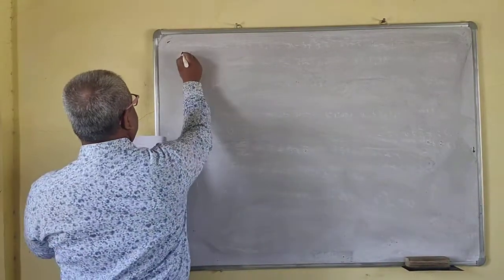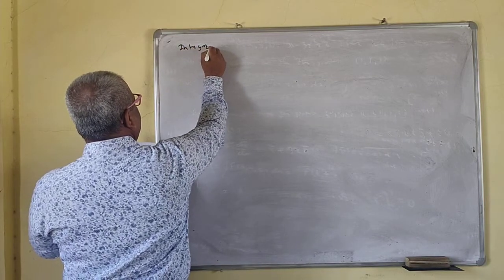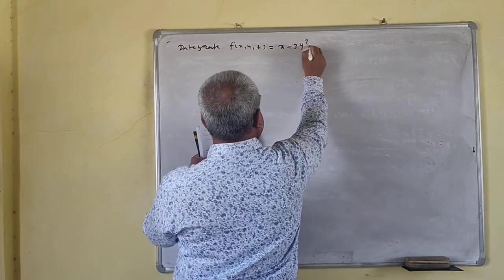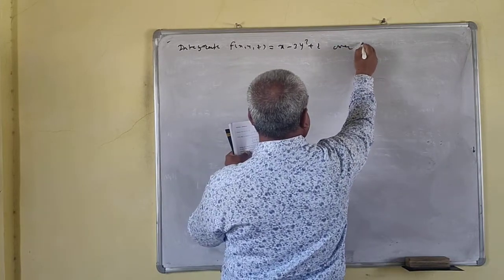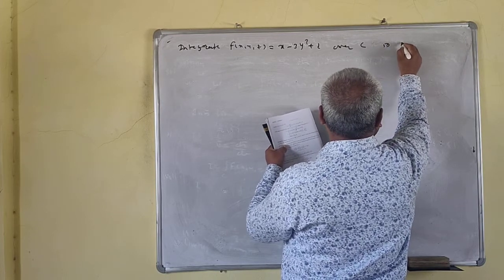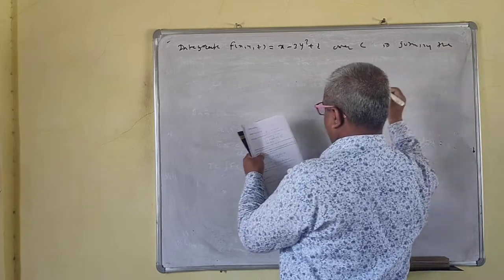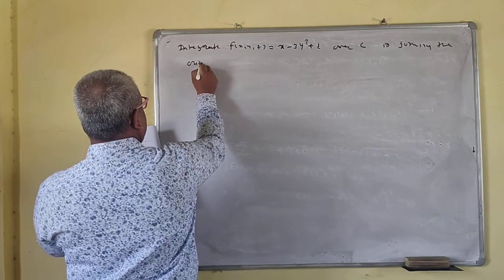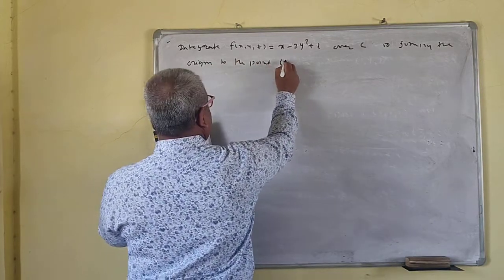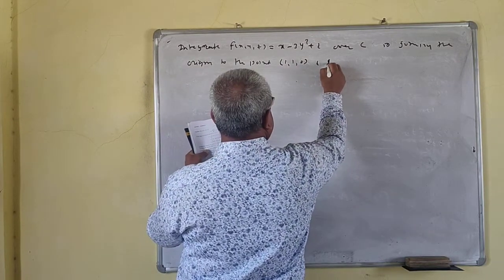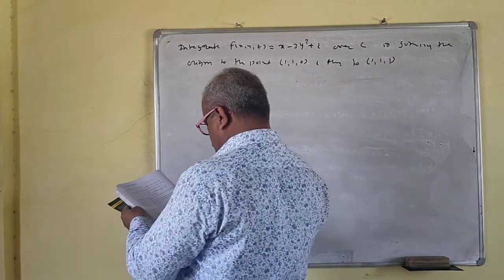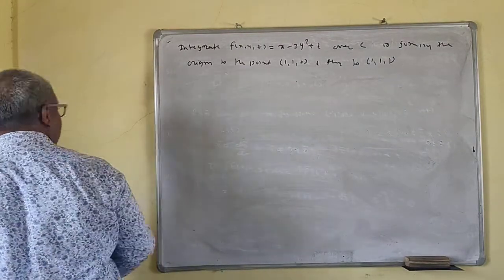Okay, integrate f of x, y, z is equal to x minus 3y square plus z over C, joining the origin to the point 1 1 0 and then to 1 1 1. Okay, solution.